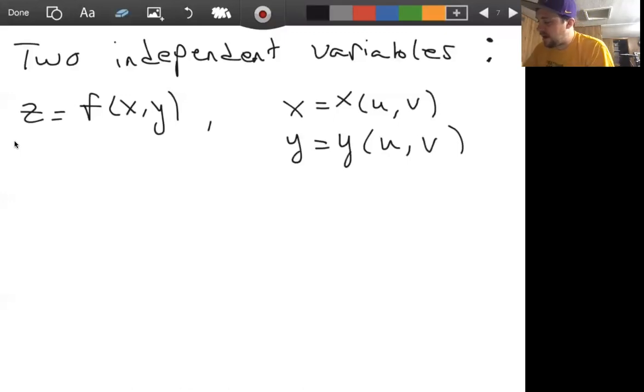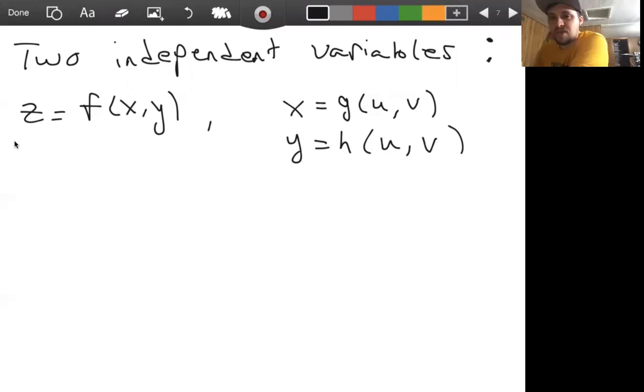But I like indicating that it's a function, right? So maybe I will leave it. I'll use x and y in the partial derivative notation, but we do have that x and y are both functions of the variables u and v, right?